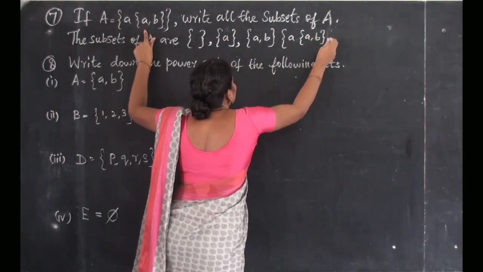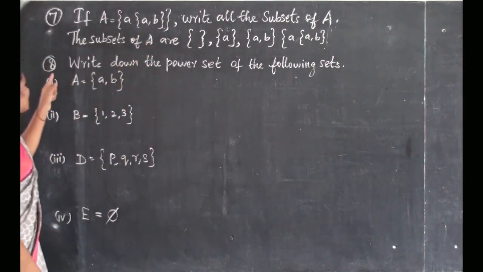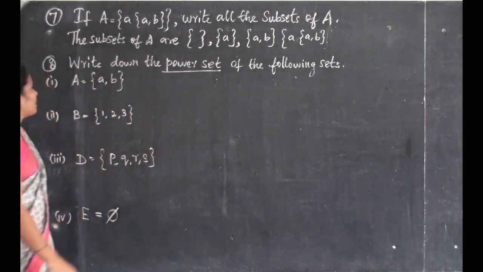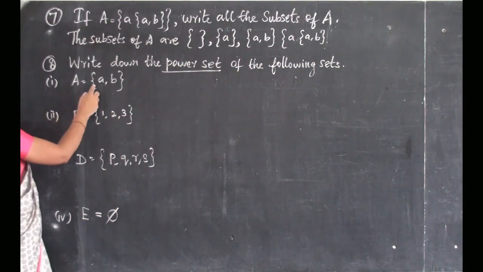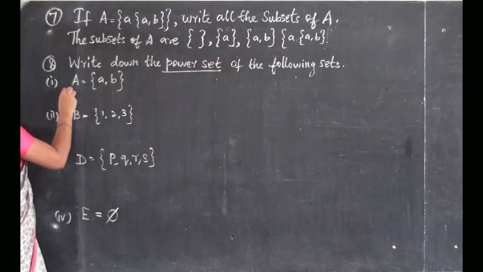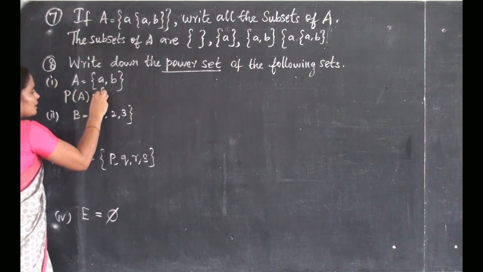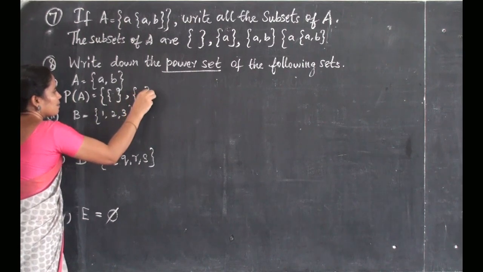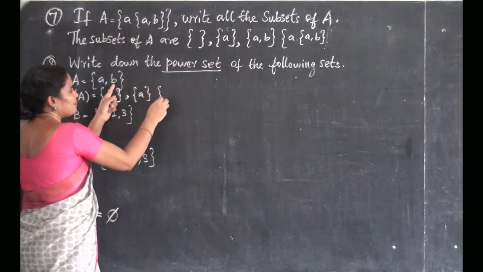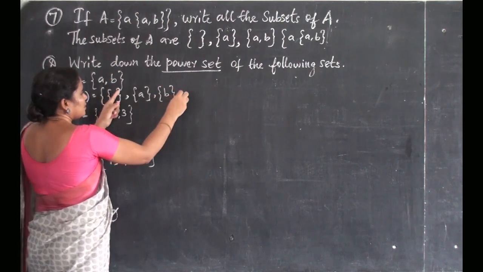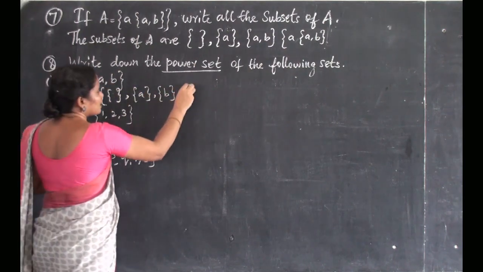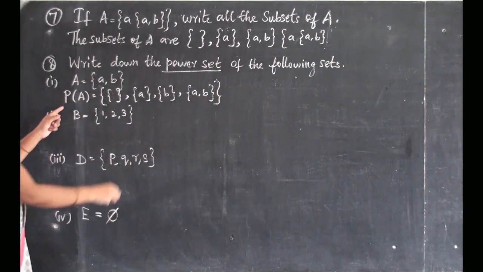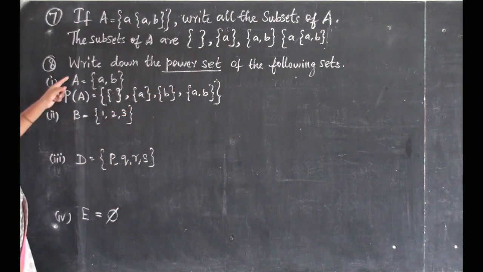Okay, question number 8. Write down the power set of the following sets. A is equal to {a, b}. Power set of A is equal to the null set, then {a}, then take the second element {b}, then write both {a, b}. So keep in mind the power set P(A).